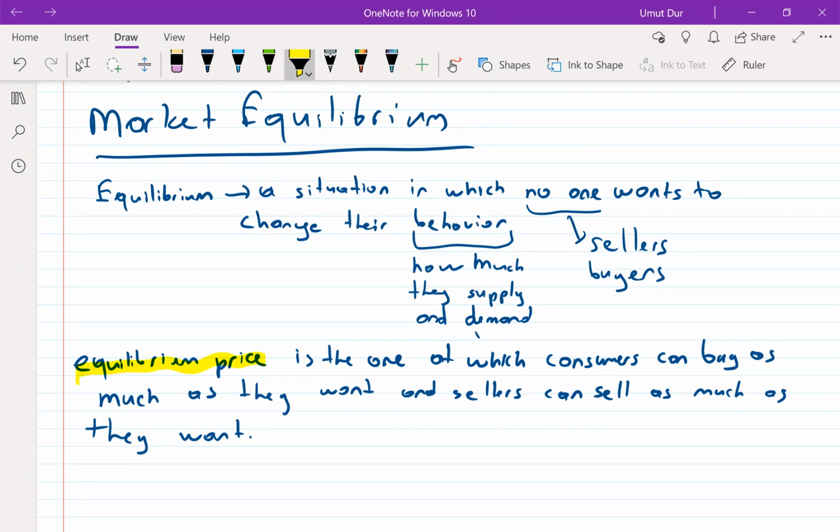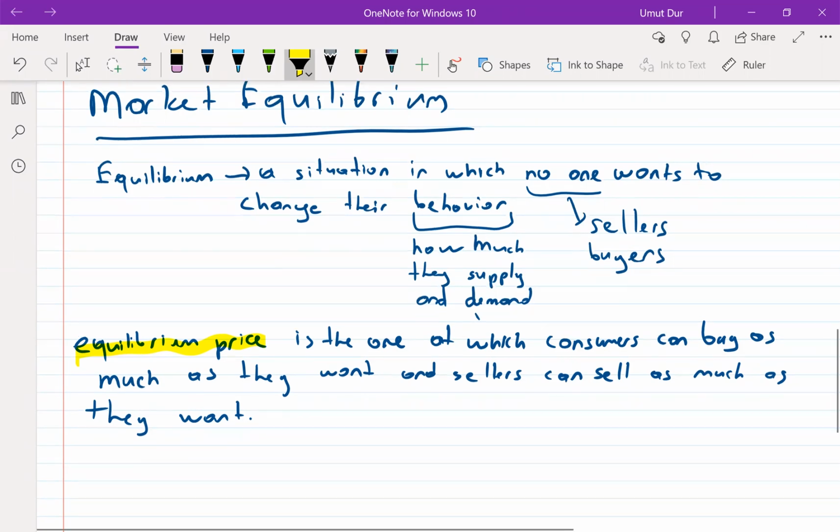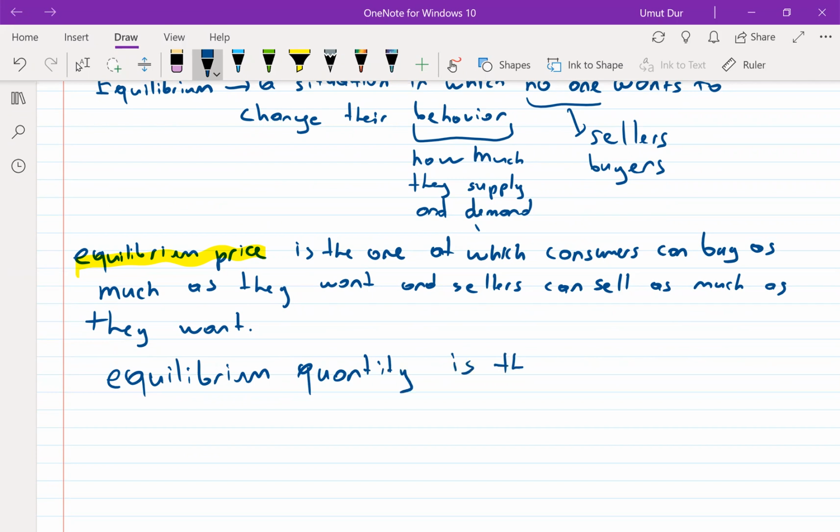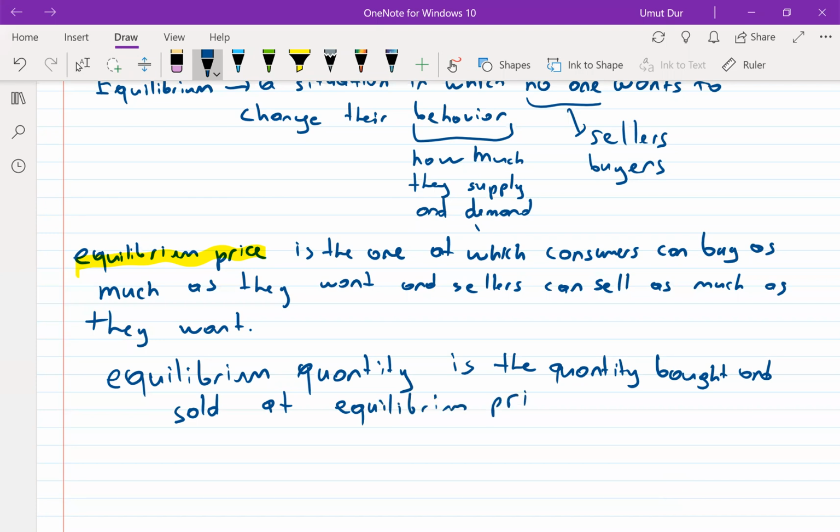And the equilibrium quantity is the quantity bought and sold at the equilibrium price.